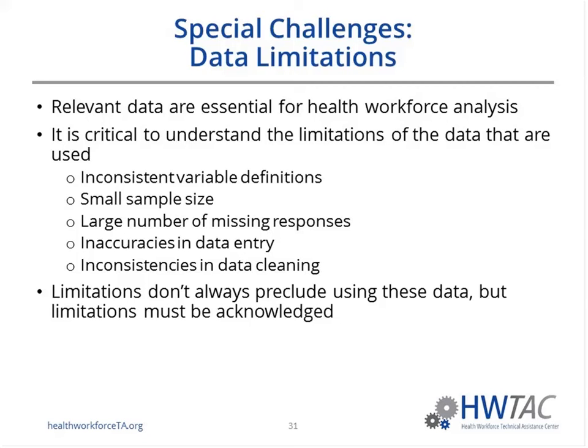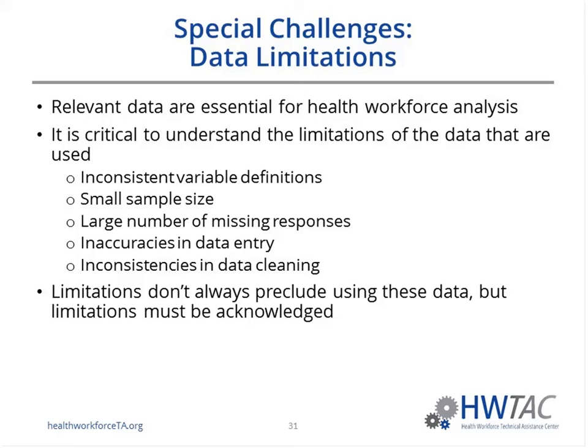You know, issues around small sample size. What is the N? Is it sufficient? Is it sufficient for generalizability? Dealing with missing responses. I think that one of the strategies that we've used, if we've got a 75% response rate to a survey, is that we make an adjustment so that we can look at the whole. You know, sometimes there are some less positive ways to deal with missing responses, so it's important to understand that.